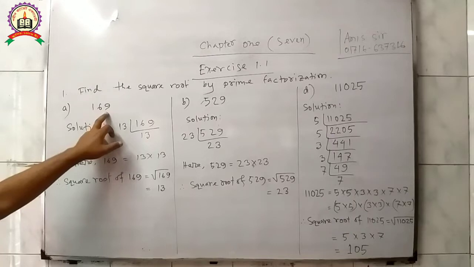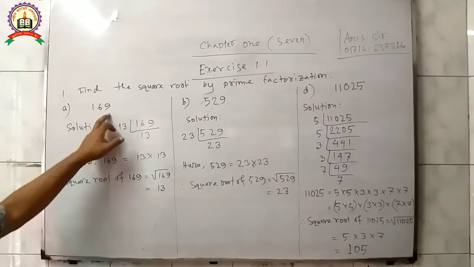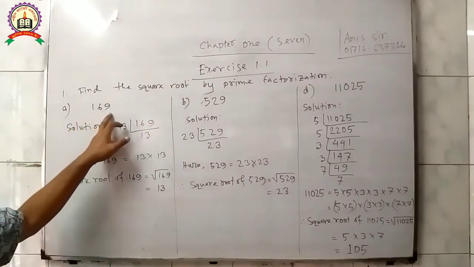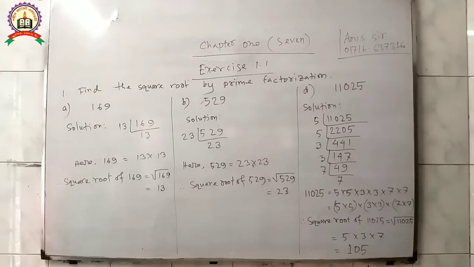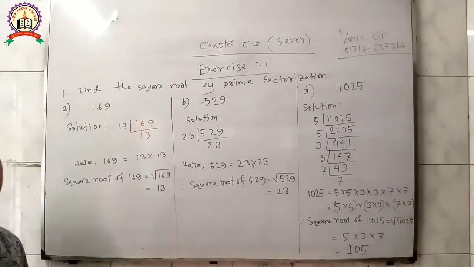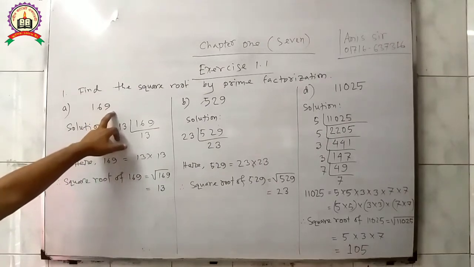It is a square number, and we have to find the square root of 169 by using prime factors. So at first we have to find out the prime factors of this number. Our first duty is to find out the prime factors of this square number.